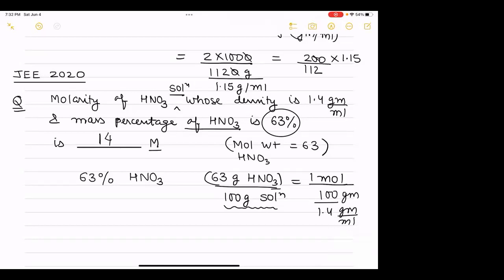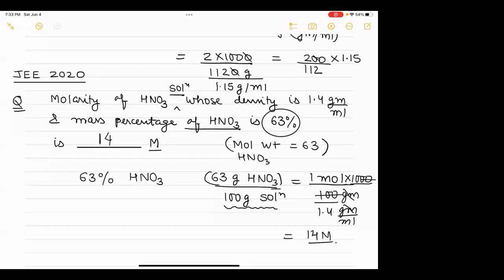So this is going to be in ml, gram will cancel. You can divide it by 1000, and that 1000 will come in the numerator to make it liters. So very simple question. 1.4 will come in the numerator and it will be multiplied by 10. So it is 14 molar. Okay. So very good. These are the basic questions.